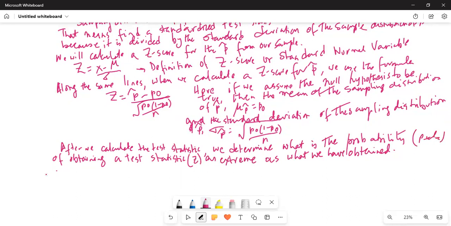We compare this p-value with alpha, which is level of significance.